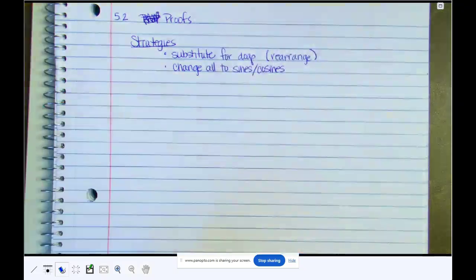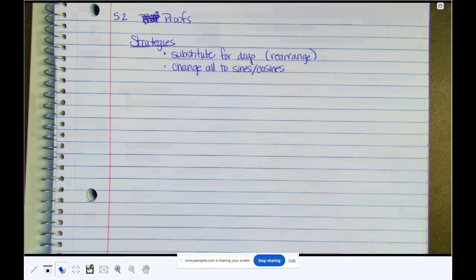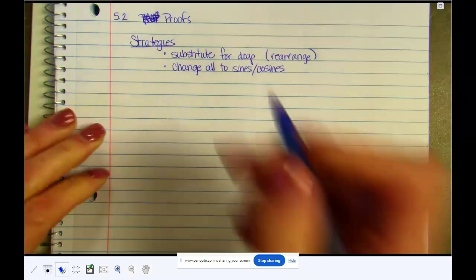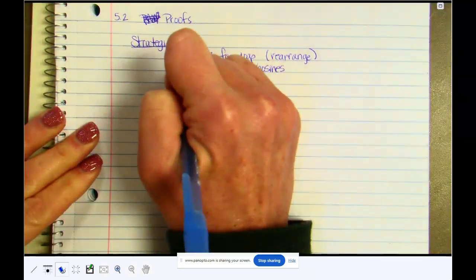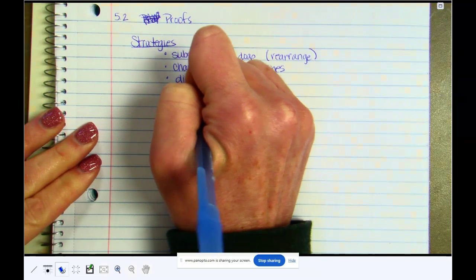Anything else? Changing your things to sines and cosines is what you would use the quotient identities for. These ones you would do anyway, you just don't think about doing them. We've talked about the fact that you can distribute if there are parentheses.